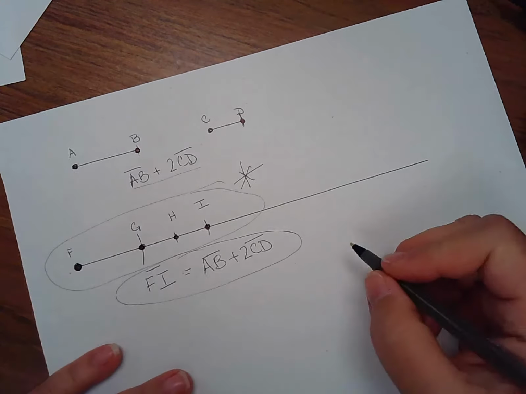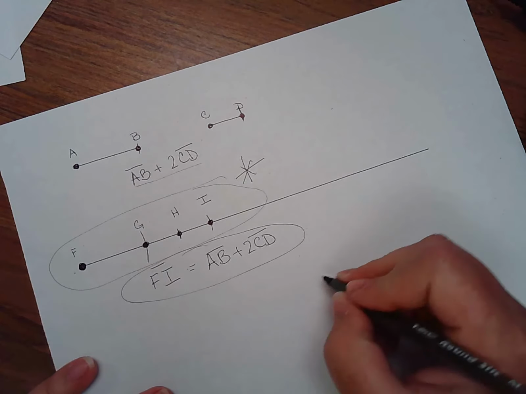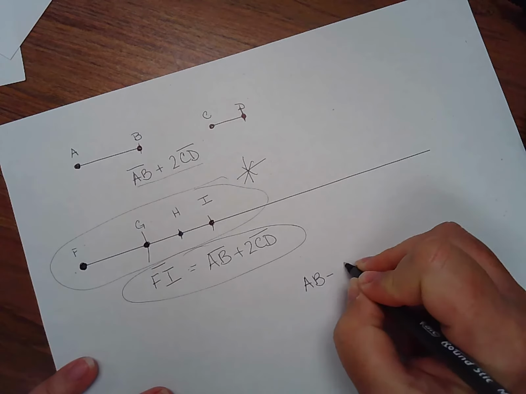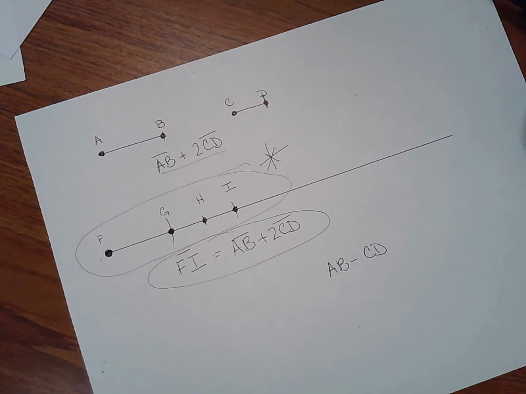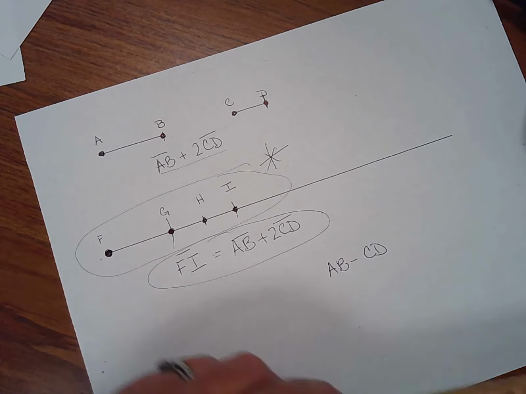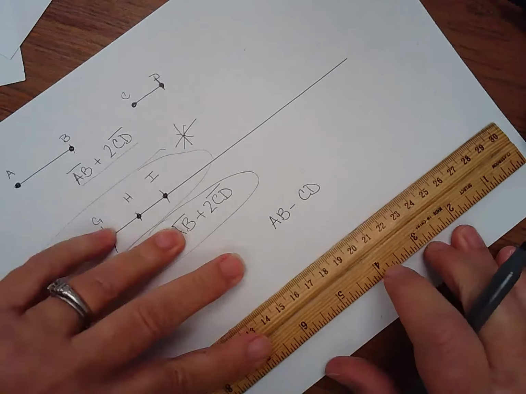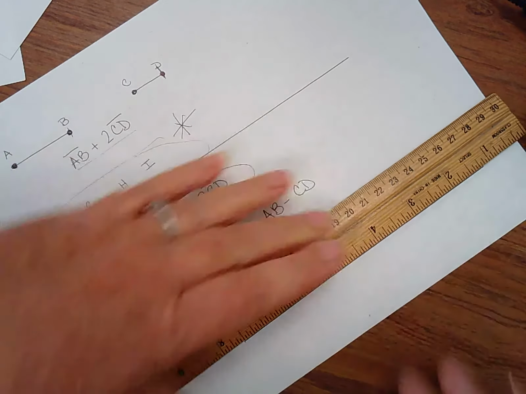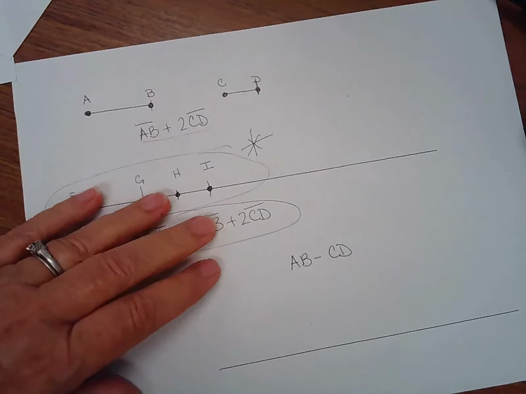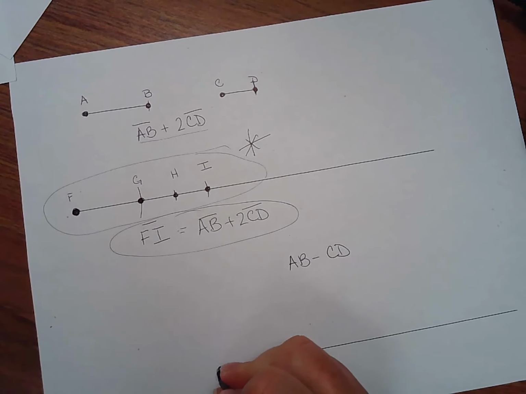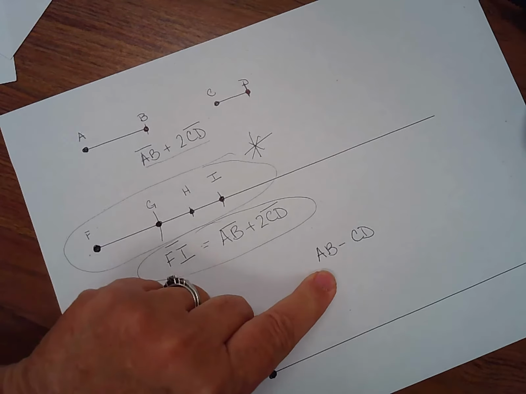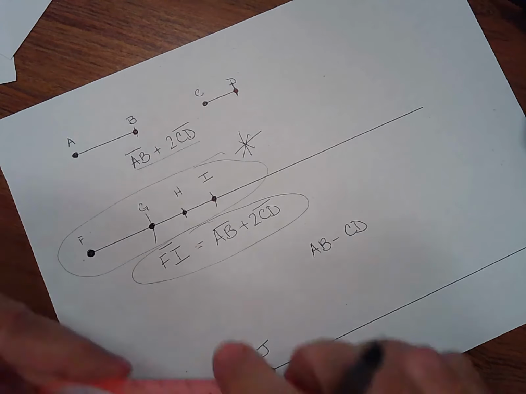Let's make AB minus CD. AB minus CD. So again, I'm going to start with a long line. Okay, and I'm going to call this J. And so I know I need AB to start with, so I do AB.